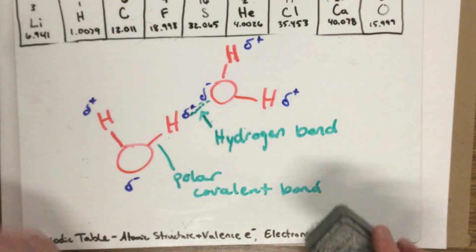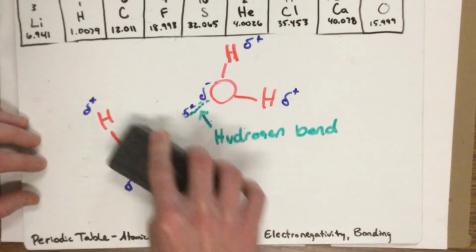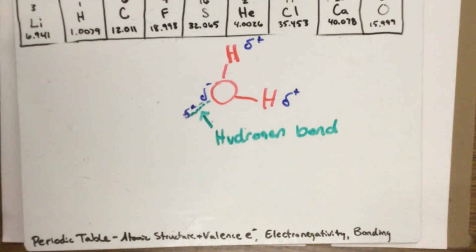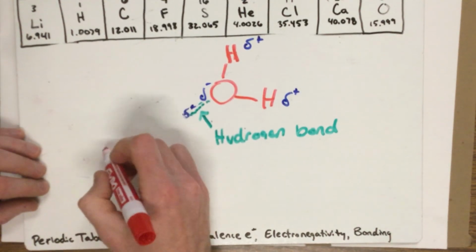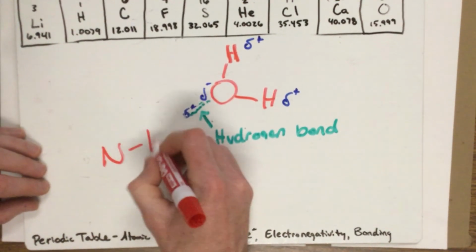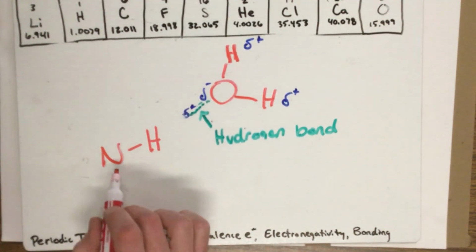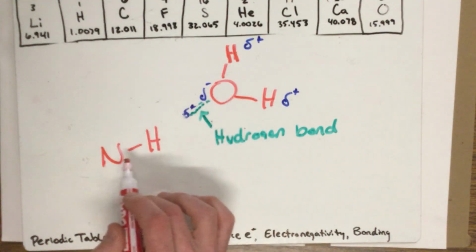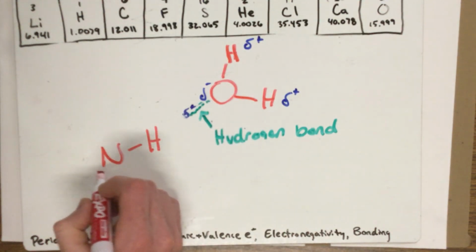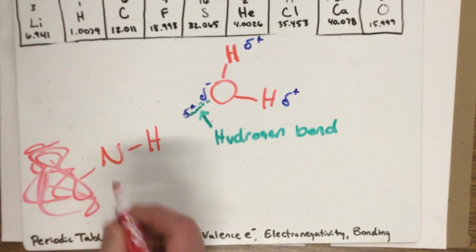Like, for example, there's a giant molecule, but it ends with N to H. Nitrogen, I'm just going to tell you, is more electronegative than hydrogen. Not as much as oxygen, but it's definitely more. And then this thing could be attached to a huge, big other part of a molecule. This could be a gigantic molecule.